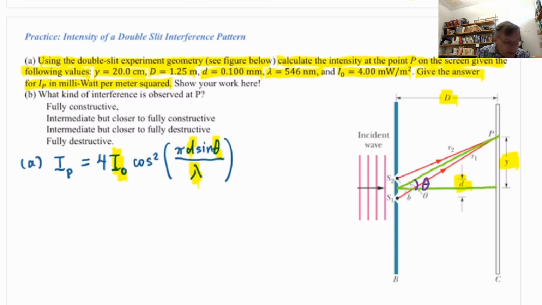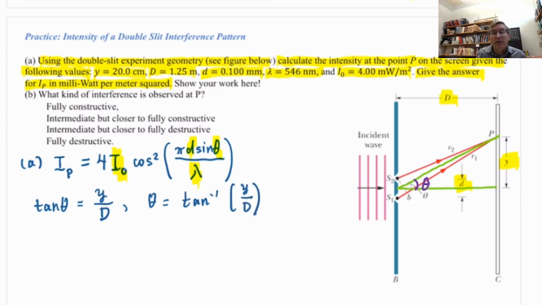Well, I think the figure makes it pretty clear that tan theta is y over big D. I'm given y and big D, so I can find theta. It's the inverse tangent of y over big D.